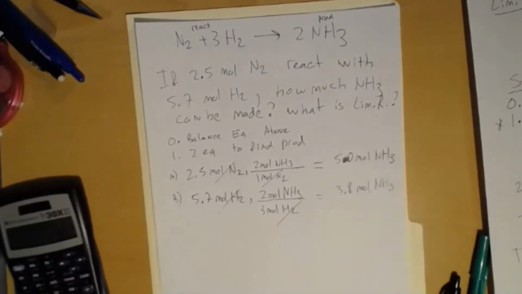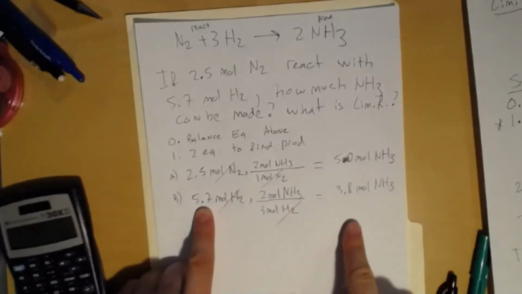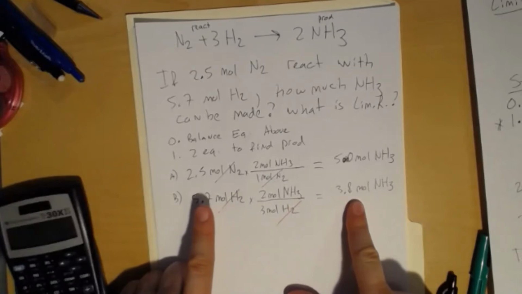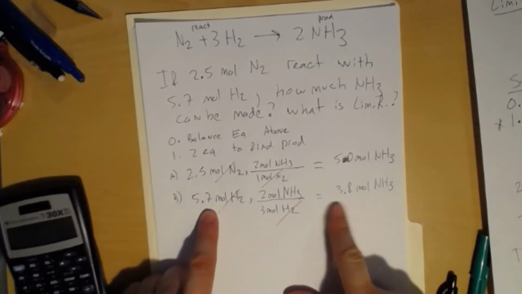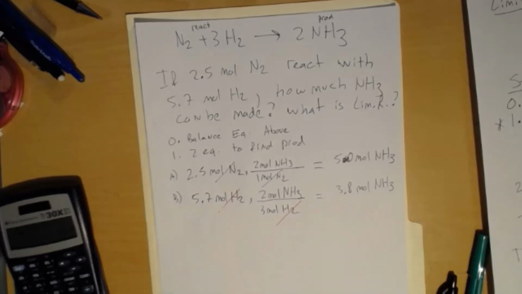Okay. So this one's kind of cool, actually. If you look at this, I had more hydrogen, but it made less ammonia. Why is that? I had more hydrogen than I had nitrogen, but it made less ammonia. Because you still have the limiting.